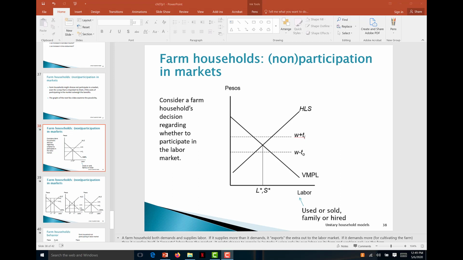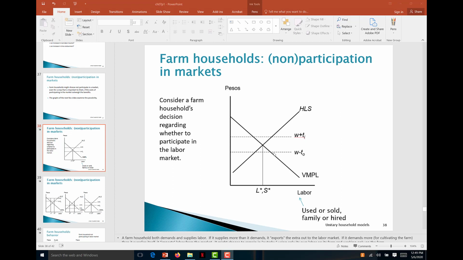You might have to transport the laborer to your farm and back home and all those things that come with it. So hiring labor is also more expensive than the wage that you pay. We have to add those transfer costs on top of it. So it costs me essentially W plus TI to hire labor.